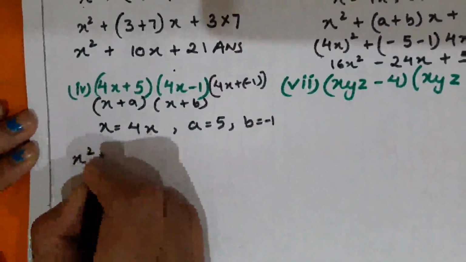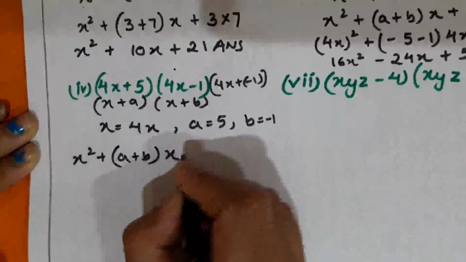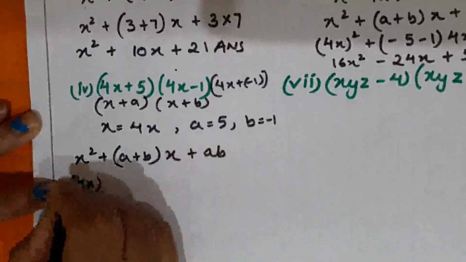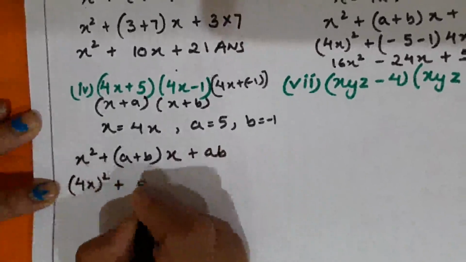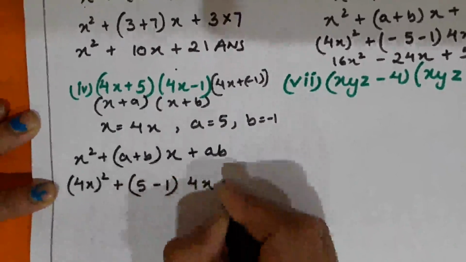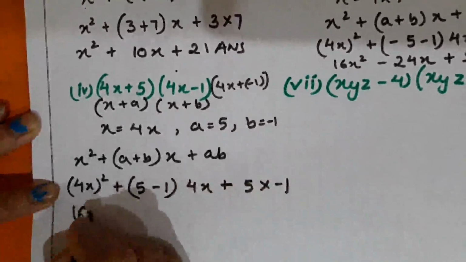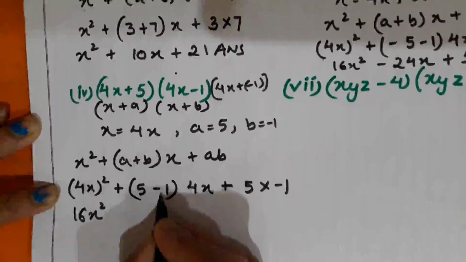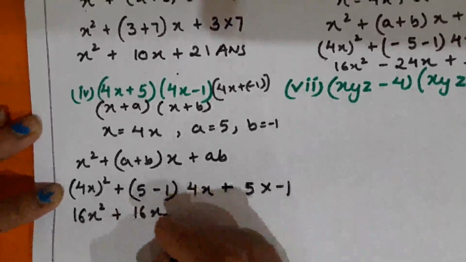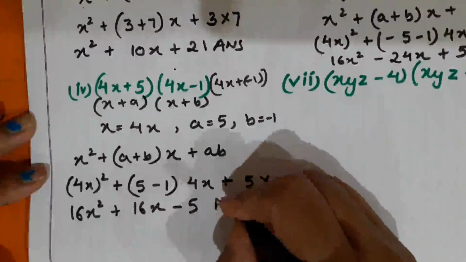The formula is x square plus (a plus b)x plus ab. X is (4x) whole square, a is 5, b is minus 1, 4x, and 5 into minus 1. It gives you 16x square. 5 minus 1 is 4, 4 into 4 is 16, 16x minus 5. Okay, this will be your answer.